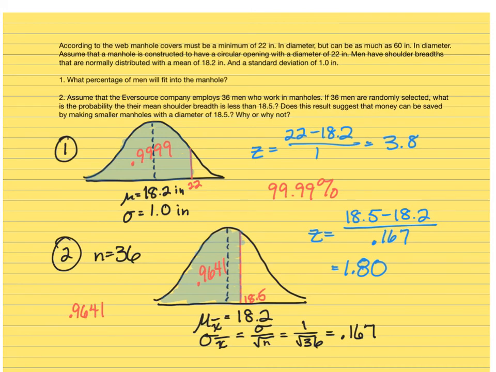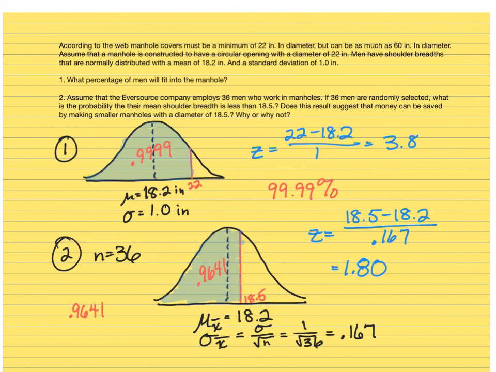So it's truly not that 96% of men. I'm going to back up a little bit from what I said previously. It's not true that 96% of men will fit in the manhole. What we have found is that for groups of size 36, 96% of those groups will have an average less than 18.5. So that tells you that if you're going to hire 36 men, then there's a 96% chance that their average will be less than 18.5.